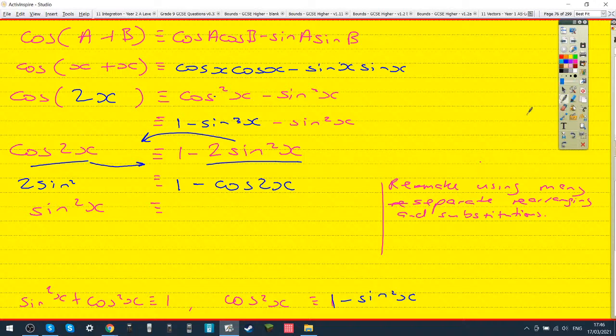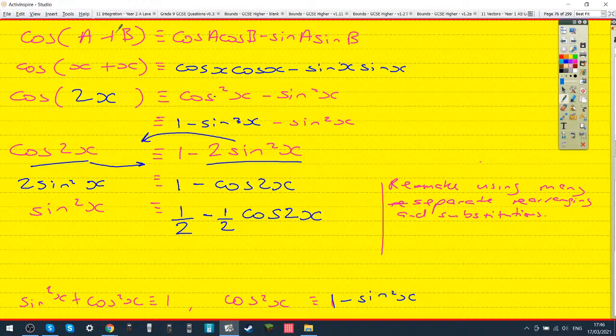What do we have to do to 2 sine squared x to turn it into 1 sine squared x? Divide both sides by 2. Yep. And so 1 divided by 2 is a half. And then the other one I'll just write as a half cos 2x. Sine squared x is the same as a half minus a half cos 2x.